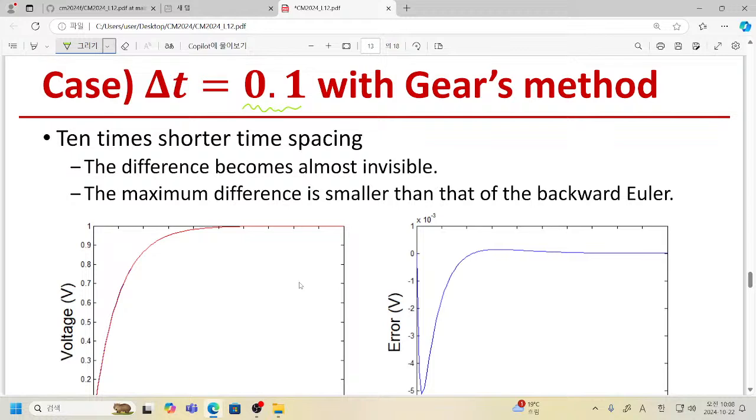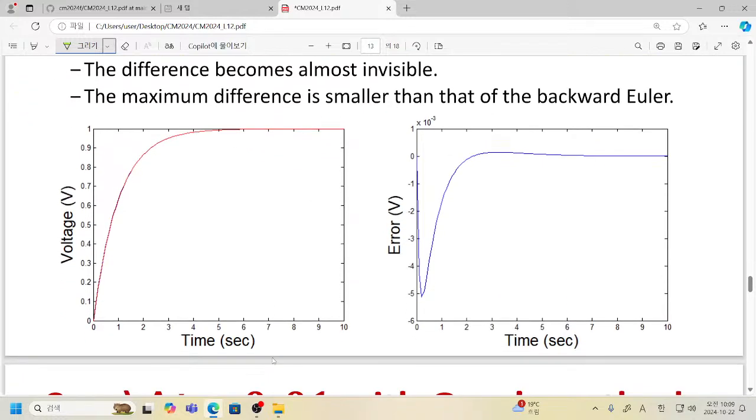Do you remember the case for backward Euler? The result was much improved. Yes, we were happy. However, a small difference was also remaining. Then please have a look at your result at this same delta t. Can you see the difference between the analytic solution and your numerical solution? So you cannot see the difference.